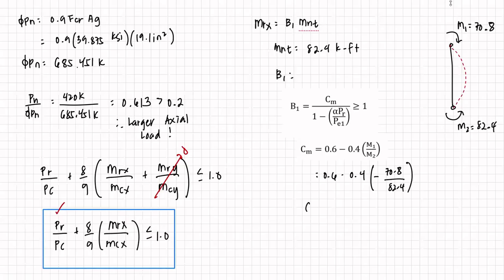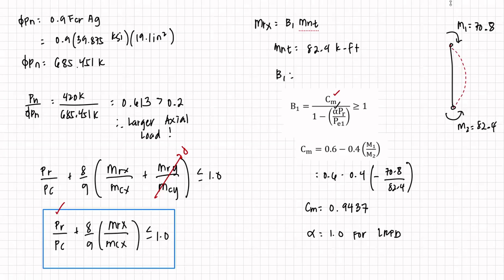Okay, so Cm is equals to 0.6 minus 0.4 times negative 70.8 over 82.4. That is 0.949437. Okay. Then yung Cm natin is okay na tayo dito sa Cm dito. Next is yung alpha. Alpha is 1.0 for LRFD. Okay na tayo dyan.